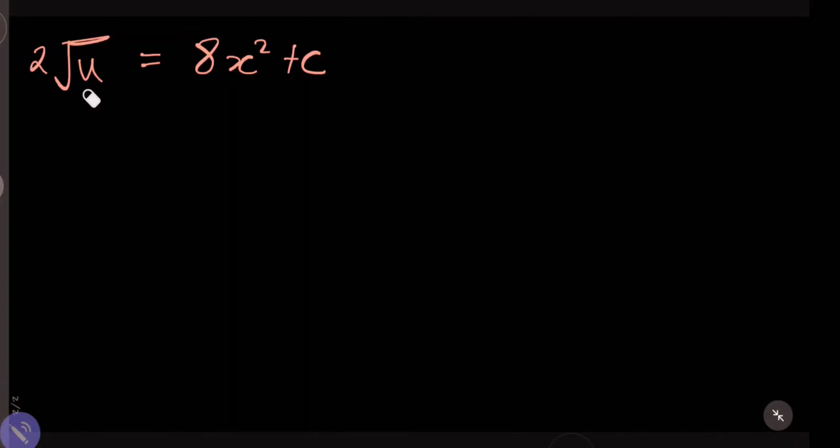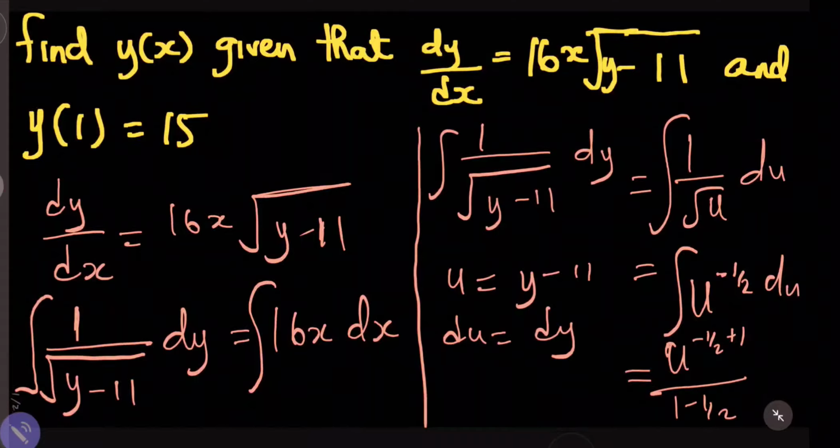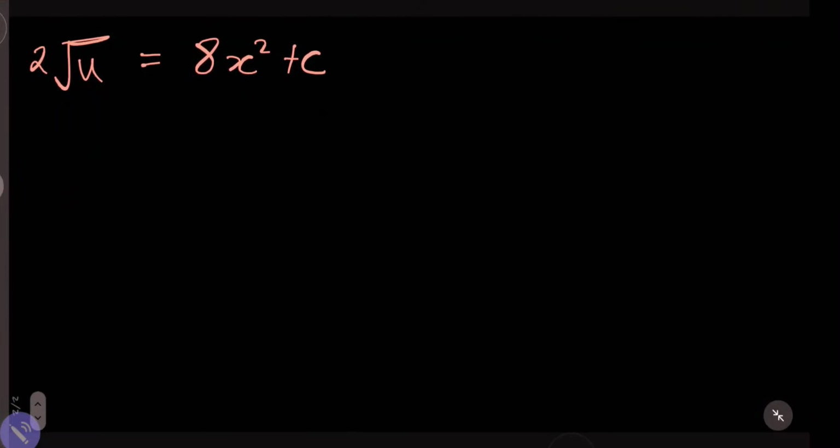But remember, we said u is y minus 11. So if u is y minus 11, we'll just replace that here. So you have root y minus 11. At this point, this is what we have, and we want to find the value of our c, the constant.